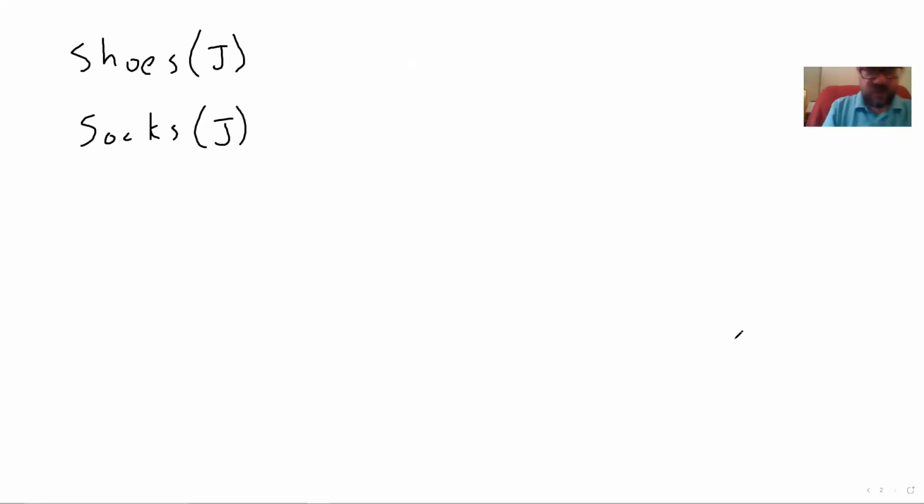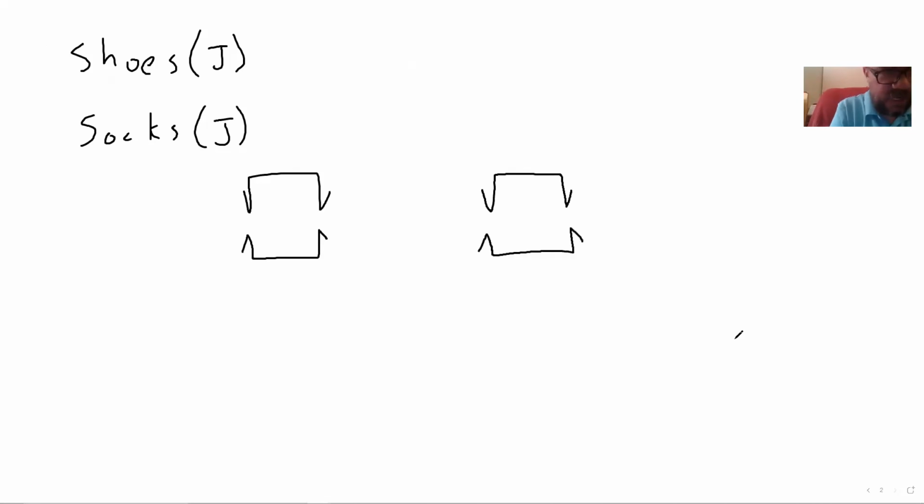So let's see here. If I have my two functions go something like this. I wish I could draw people, but I can't. So this is going to be shoes, and this is going to be socks.